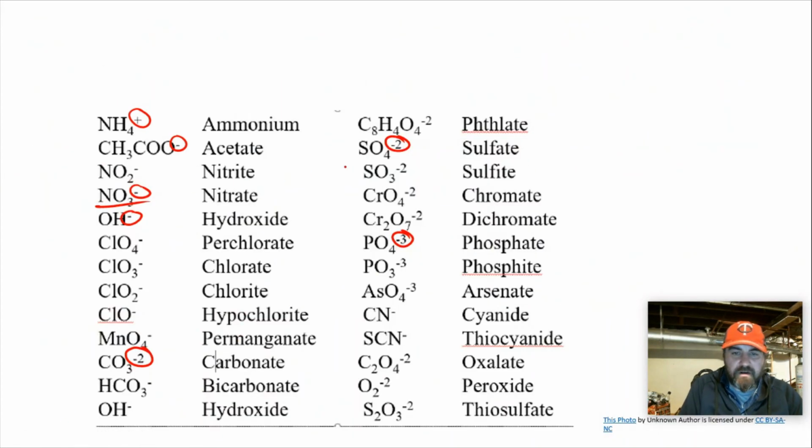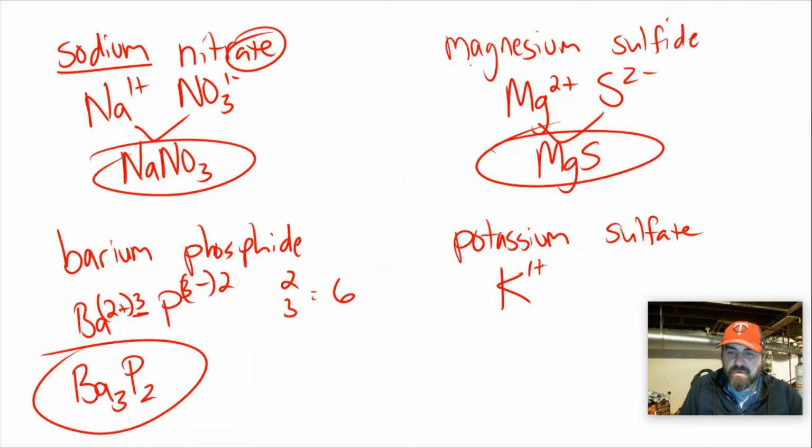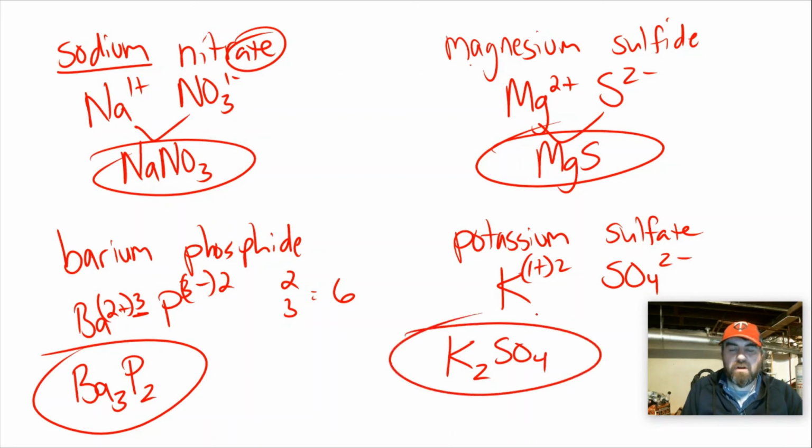So we go over here. Sulfate has a negative 2 charge. So we get SO4 with a negative 2 charge. The K has to be multiplied by 2. So this becomes K2SO4. Done.